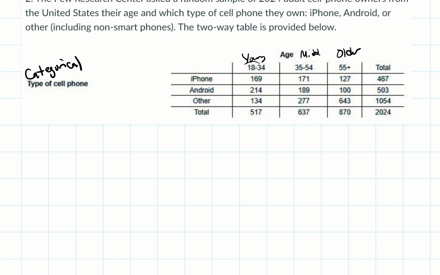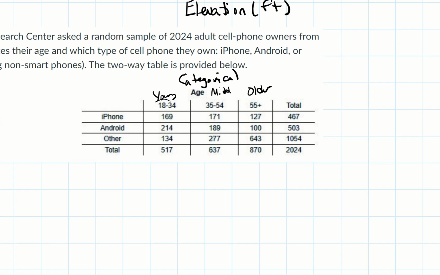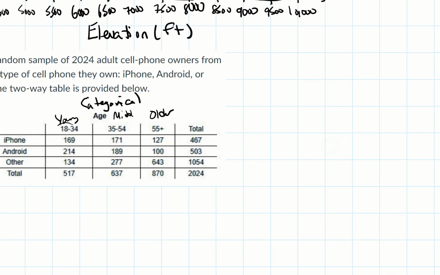Are you in the middle, 35 to 54, or are you older, 55 plus? So these are categories, and the way they broke it down, this would be categorical in this example. Definitely we're comparing categorical to categorical, and therefore the ideal thing to use is a segmented bar chart.